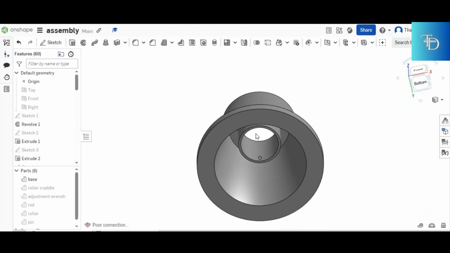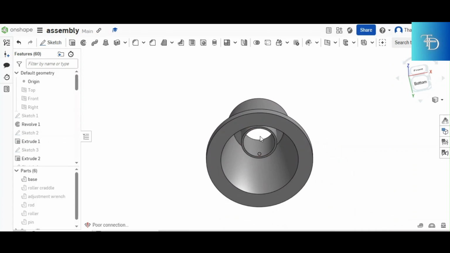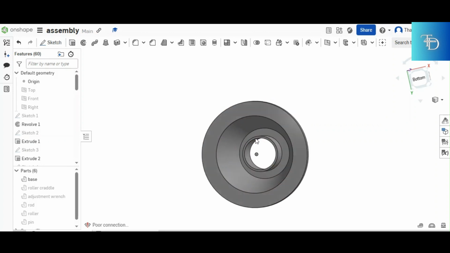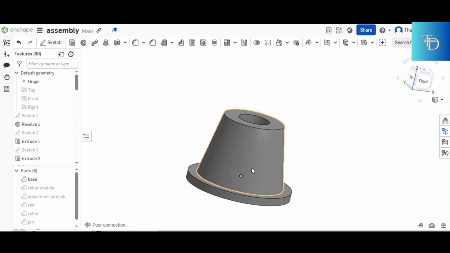The adjustment wrench cannot fit on the bottom part of the base, because the base is an opening on the bottom side. It cannot fit right there. Which means the only part where the adjustment wrench can fit is the top part of the base. Never mind the rod, because the rod goes through the adjustment wrench, and then it also passes through the base.